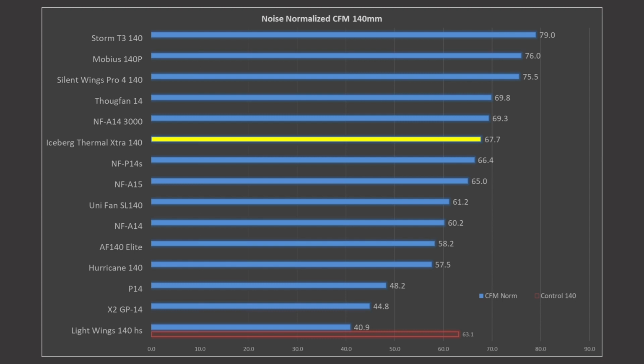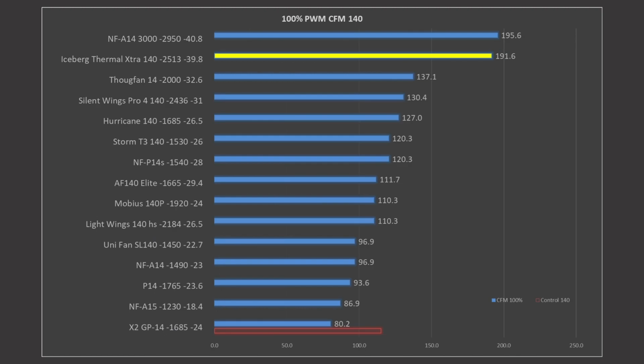Now, how does it compare against other fans? Well, at its quasi-noise normalized value, it's ranked towards the top. So it's overall doing kind of well here. At 100% PWM fan signaling, it again is doing really quite well. And this kind of demonstrates my point about RPM, airspeed, and just ignoring results.